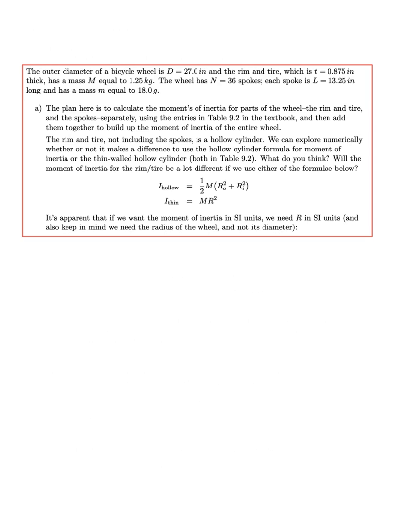In this particular case, we're going to calculate the moment of inertia both ways to see if it makes a difference, to see if we can just use the hollow one or maybe the thin-walled cylinder one would be better. The next thing we're going to have to do is make sure all of the quantities that we need are in SI units.